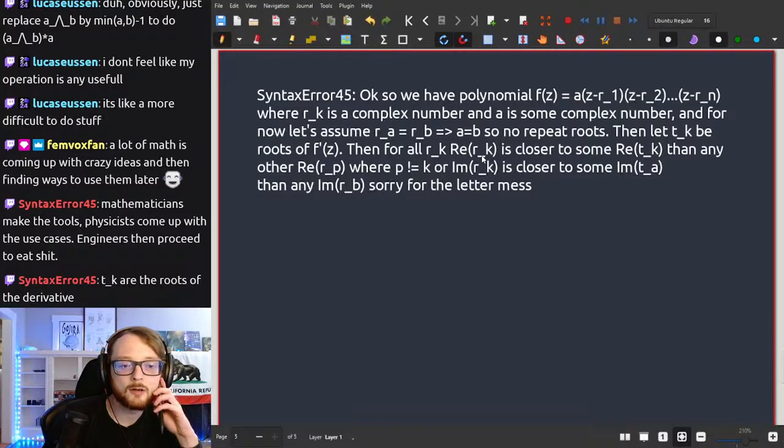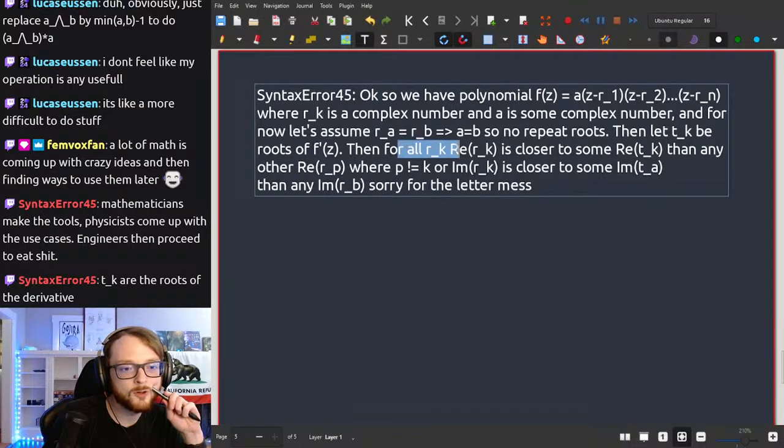The real part of the original's roots are closer to the real part of the derivative roots, so a critical point, well, the real part of a critical point, than any other is, well, what is R sub P? Because this is for all R sub k, but then I don't understand what R sub P is.